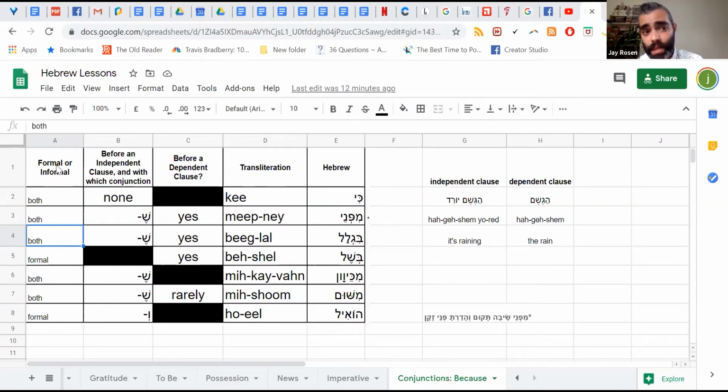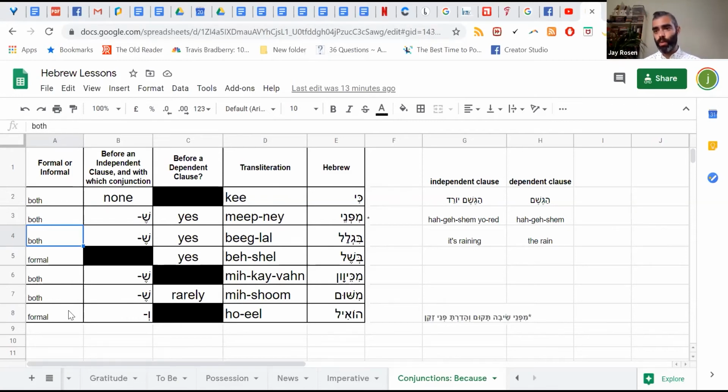Okay? And the last column on the left is formal or informal. Like I alluded to, one of the words we're going to get to is very legalese Hebrew, or it's used in legalese today. Some of these are very formal, some of these are less formal. So if you want to know which context to use them, and context is very important in Israel, right? There are certain people you're going to use some of these words for and it's appropriate, and some it's not.